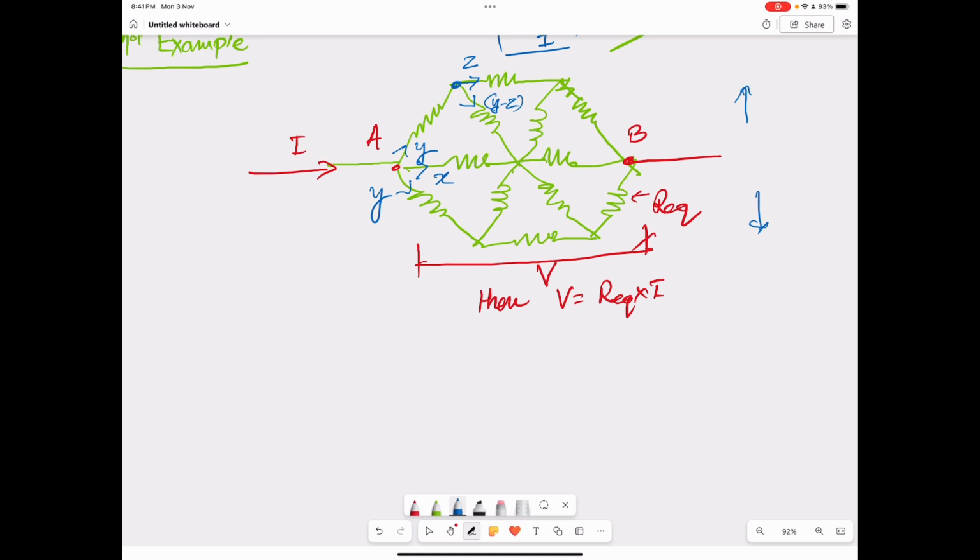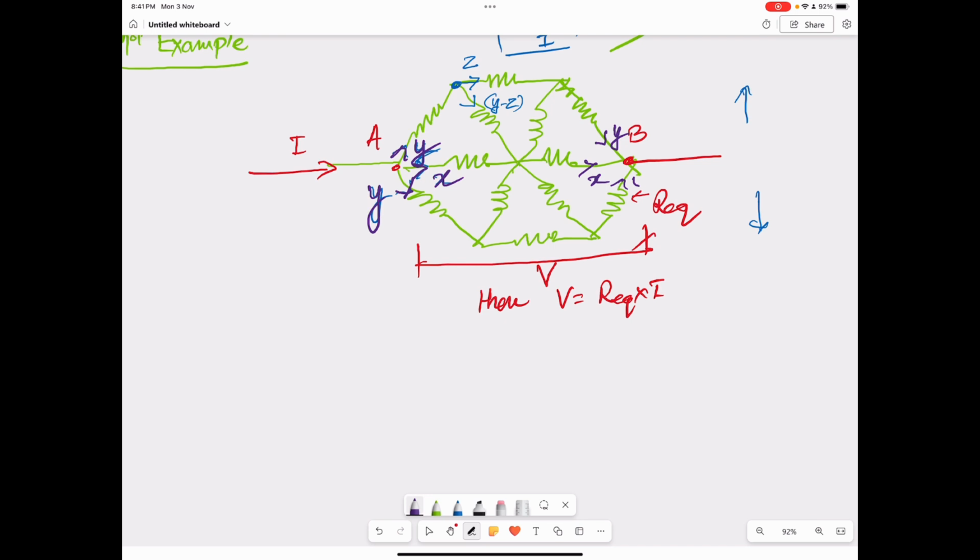Now you can understand from the symmetry. This is Y, X is flowing here, Y is going here. Then from symmetry, the same currents have to meet here because it's a symmetric figure.